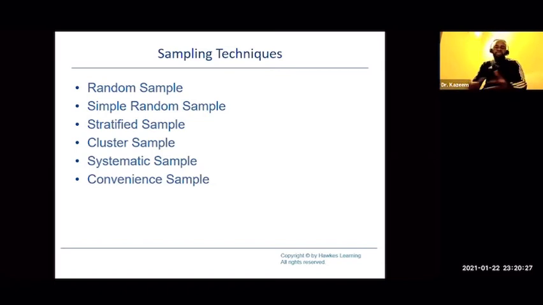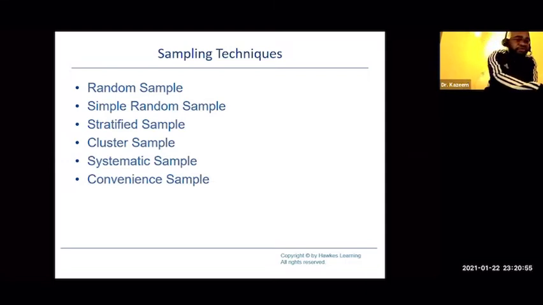And if you want to take a sample, of course, you need to understand the different kinds of sampling techniques we have. These are the different types of sampling techniques I'm projecting on the screen right now. But the sampling technique that we're going to use depends on the nature of the population.